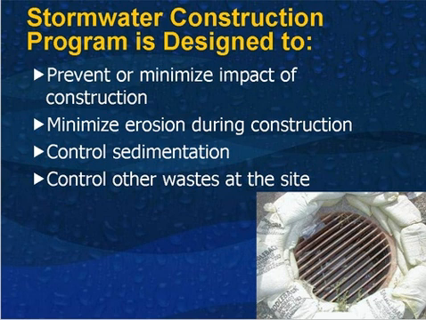As we've said all along, this is about preventing or minimizing the impact of construction. So we are looking at erosion control, which is a very important part of this. We're looking at keeping the soil in place. For those who don't know, erosion control is basically aimed at keeping the sediment in place, and sediment controls, if it starts to move, catch it in a silt fence before it leaves the site.